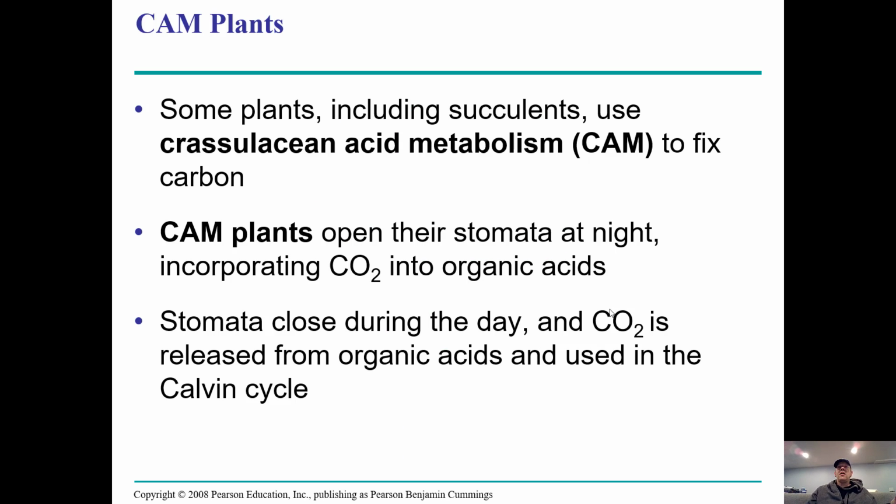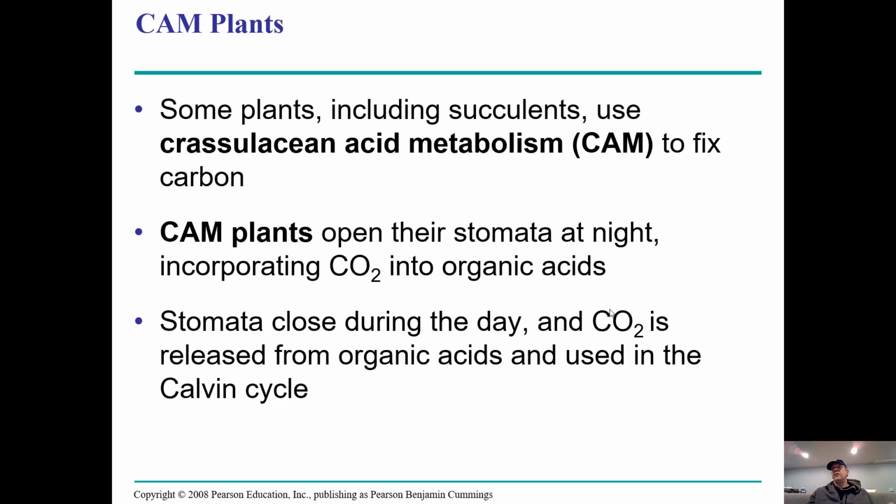Then we have something called CAM, and this is actually separation in time. CAM is short for crassulacean acid metabolism. These are your succulent plants, aloe vera, some cactus, and so on. What the CAM plant does is it opens up the stomata at night. Oxygen and carbon dioxide can exchange.